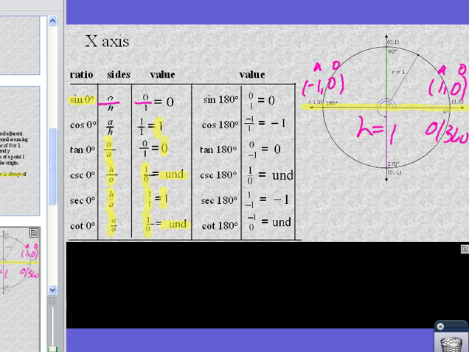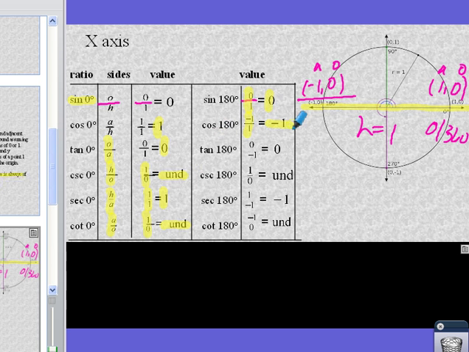And likewise with 180, except you're going to use these coordinates or those lengths for your opposite and adjacent. So here we have opposite over hypotenuse, which is 0 over 1, which is 0. Cosine is adjacent over hypotenuse. It's negative 1 over 1, which becomes negative 1.